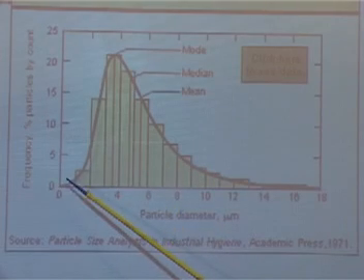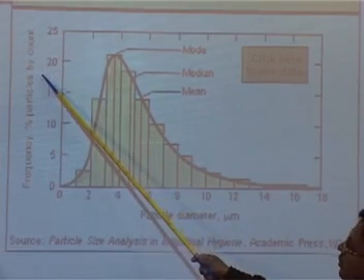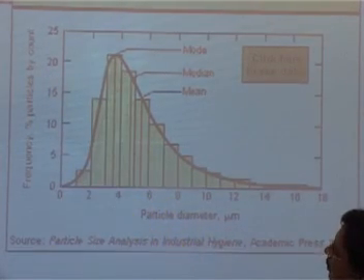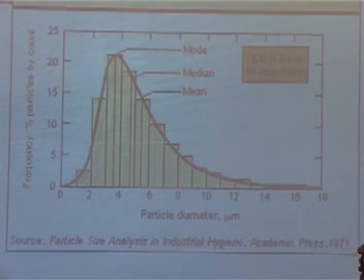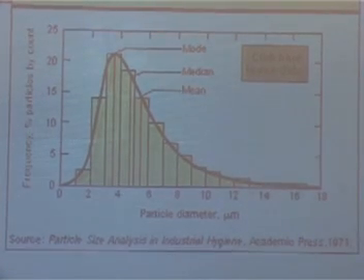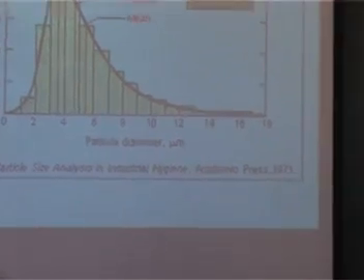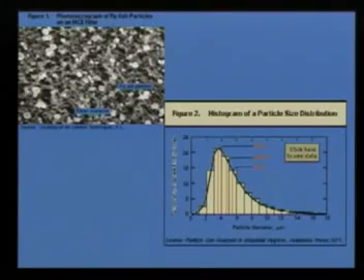This is simply a frequency plot by percentage by counts, the number of particles that will be in that category, against the particle diameter. Obviously, we all understand the mode, the median, the mean. There is nothing new about this one.